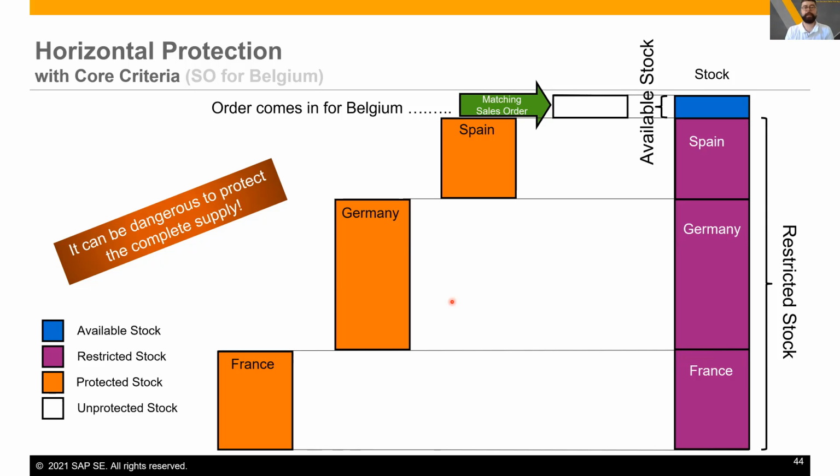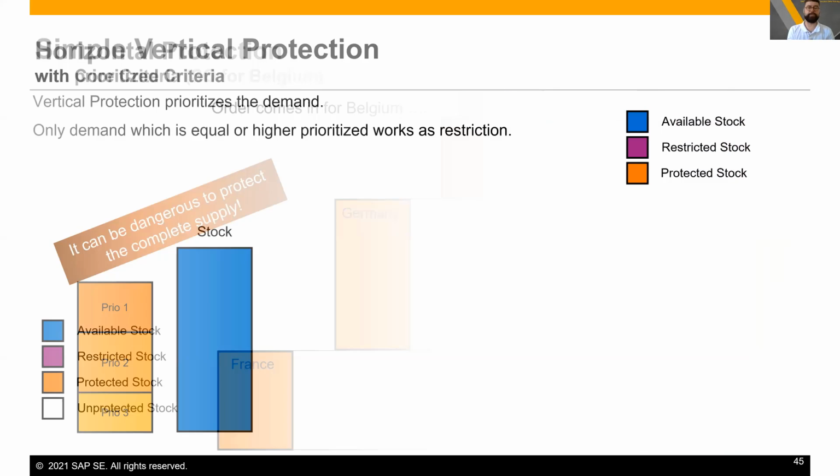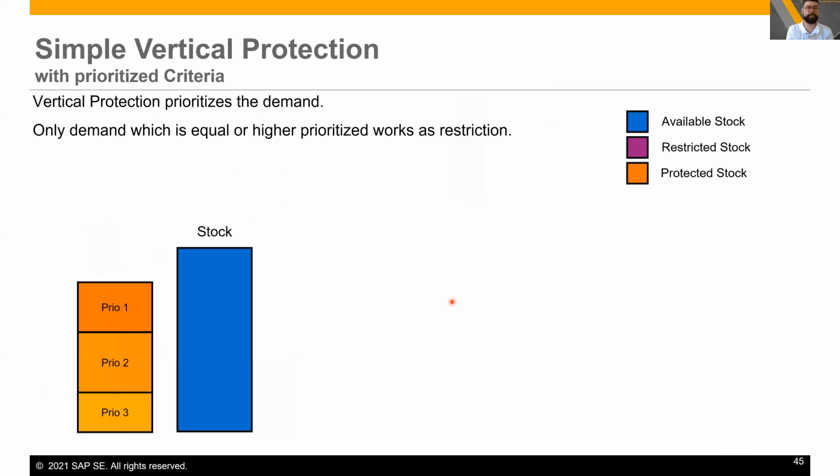Having said that, I hope you get the concept of supply protection, and obviously it is much more sophisticated with regards to its possibilities. You can also have a prioritization within one of these groups. For instance, within the German customers, you can have a grouping and a prioritization, so that the higher-priority customers do not have to regard the protection from the lower ones, but obviously from the French and Spanish customers, they would have to consider this.